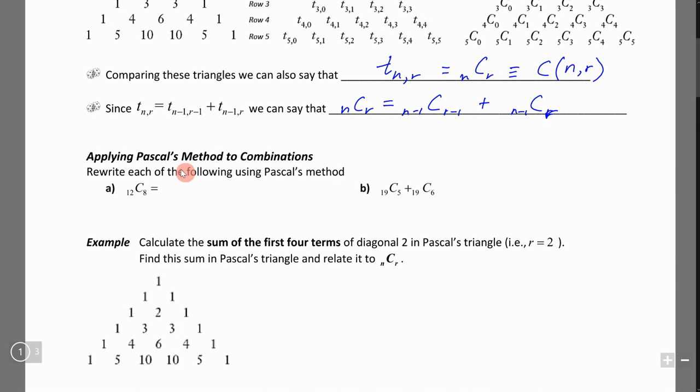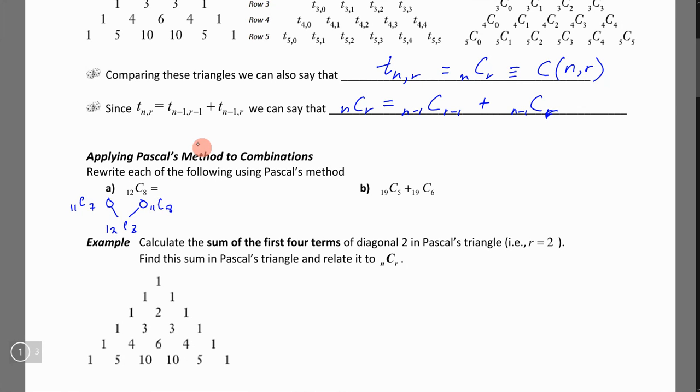not necessarily having to be in the triangle. So here you have 12 choose 8, and I can express this using the row n value minus 1, so 11. And we think of the two numbers above it, right? So if you had 12 choose 8, directly above to the left and to the right, I would have row 11 choose position 7, and then row 11 choose position 8.